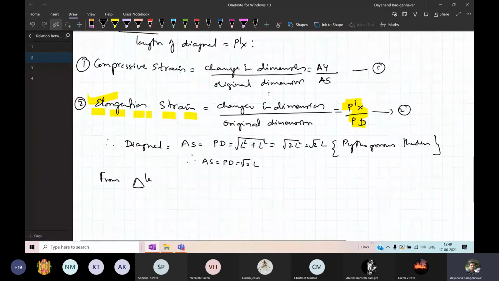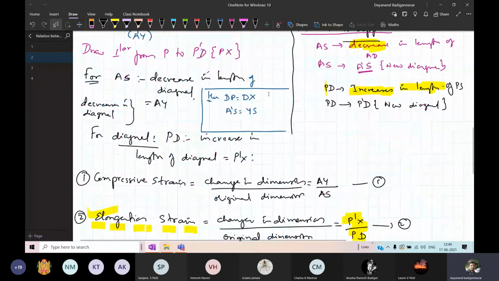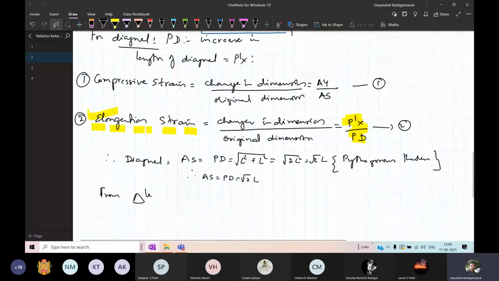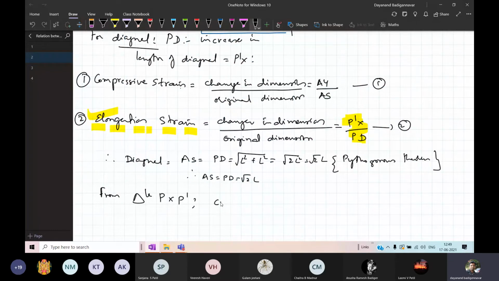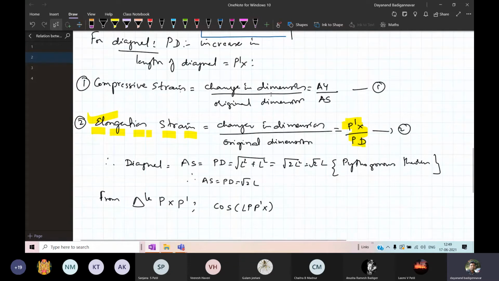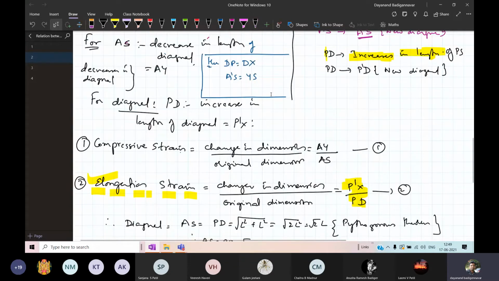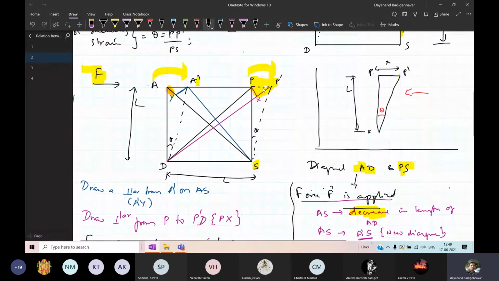So I can write, from the triangle PX P dash, it is a right angle triangle, cos of angle P dash X. I want to evaluate the cos of this angle. I want to find this angle. To find that angle, cos of that angle is adjacent side divided by hypotenuse.